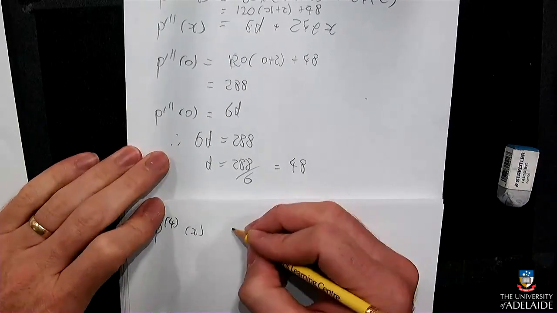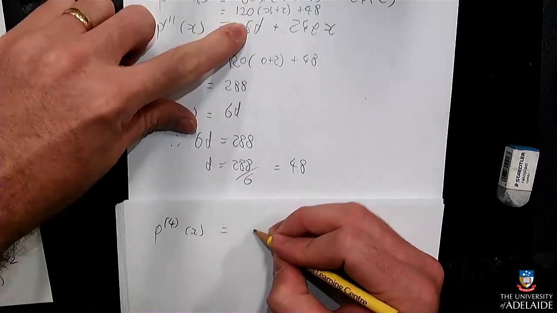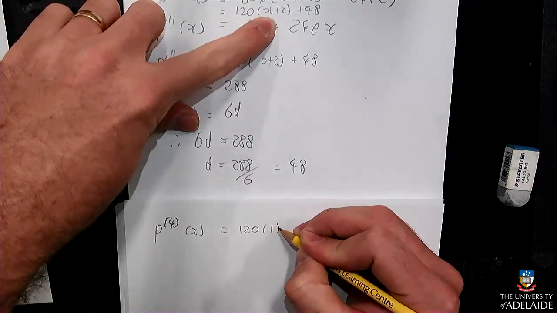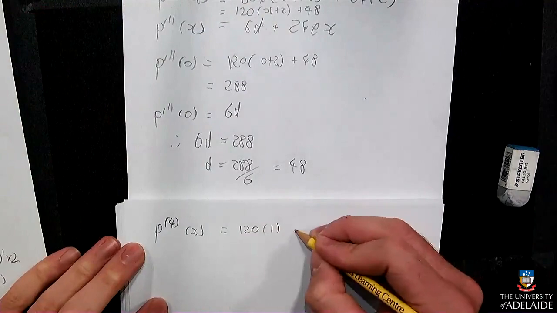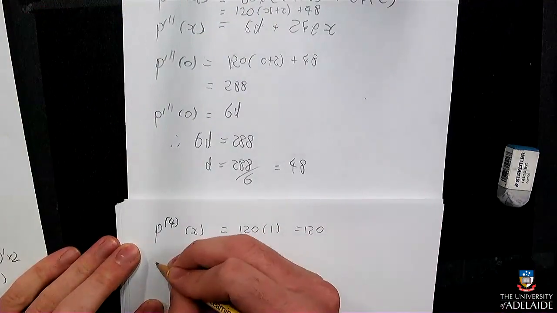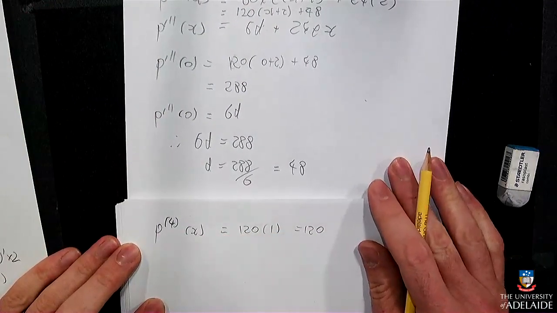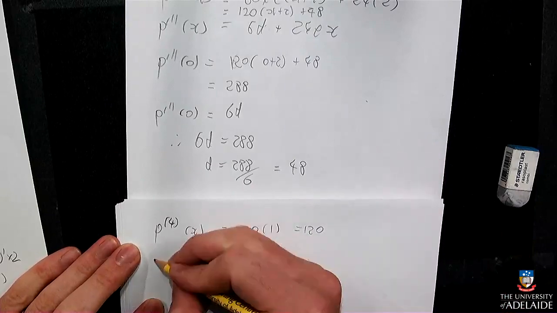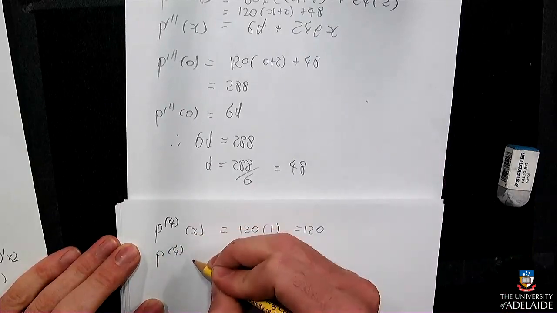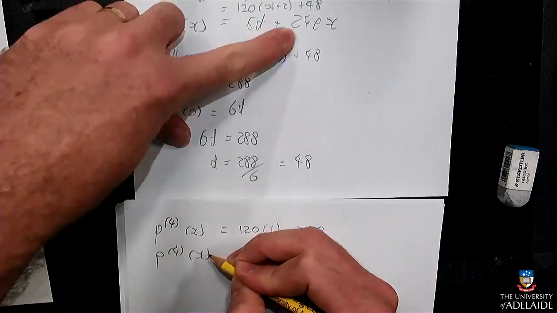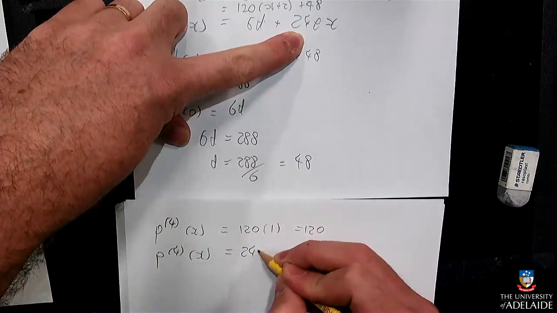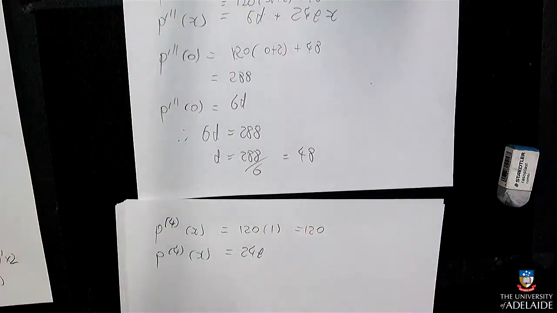And so the fourth derivative would be, let's see, 120, and then the derivative of that is 1, and then the 48 will disappear. And the fourth derivative here is 24e. And we don't even need to sub anything in because they're just constants, but just for completeness' sake.